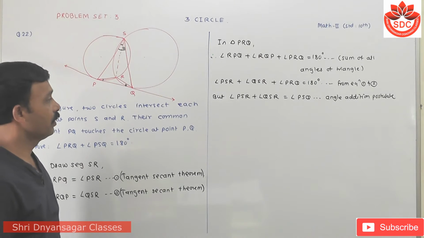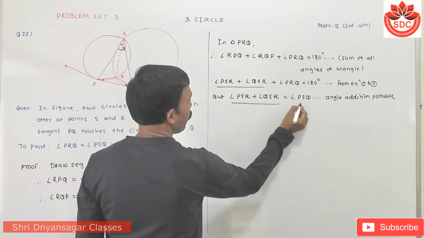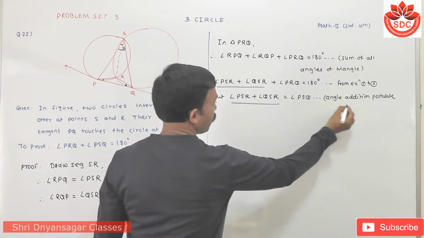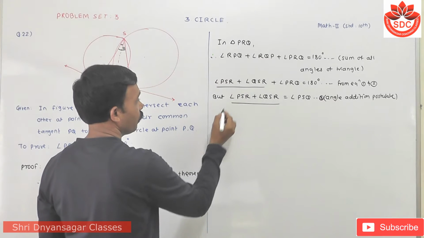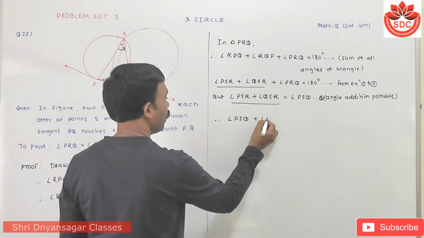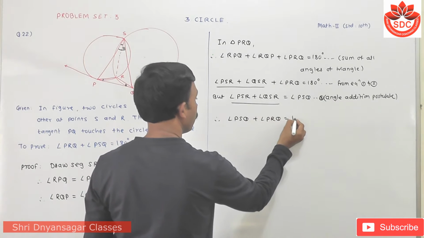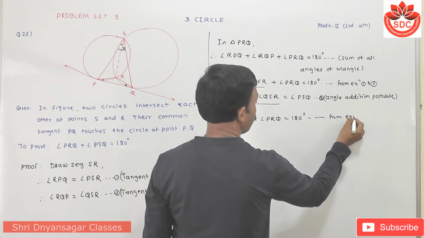Then student, substitute the value of these two angles here as PSQ. Suppose this is equation number third. Then from this third equation we write: therefore angle PSQ plus angle PRQ is equal to 180 degrees, from equation third.